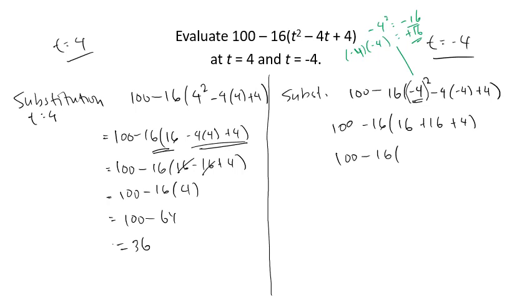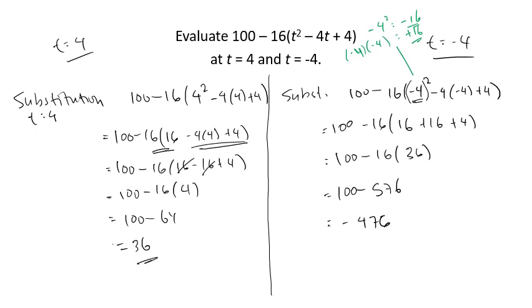So if we add this together, 16 and 16 is 32, makes 36. So if we multiply this together, we get 16 times 36 is 576. So this is 100 minus 576. So we get negative 476.